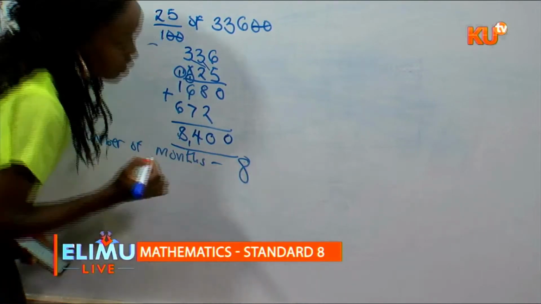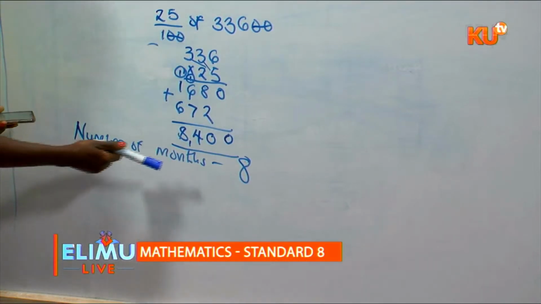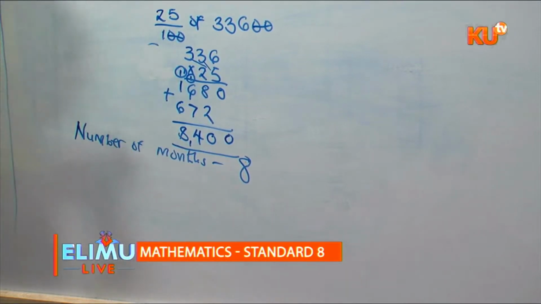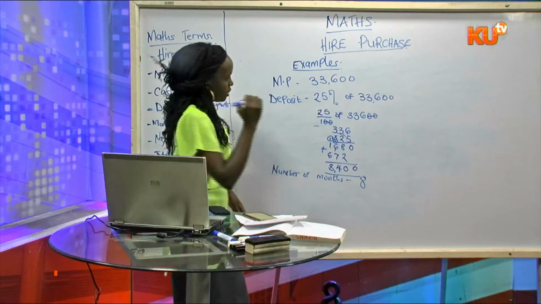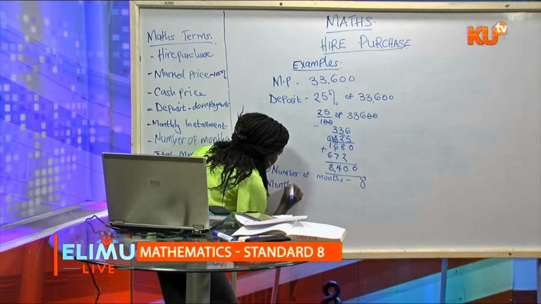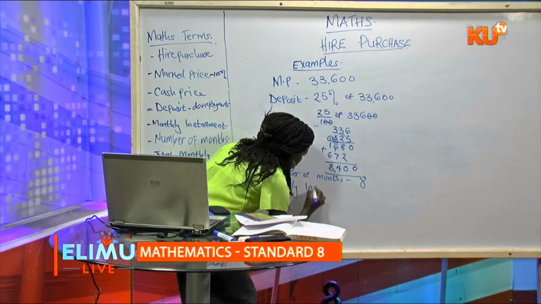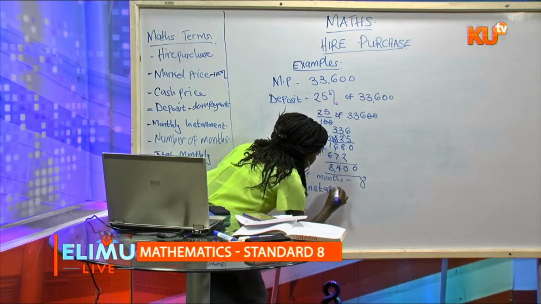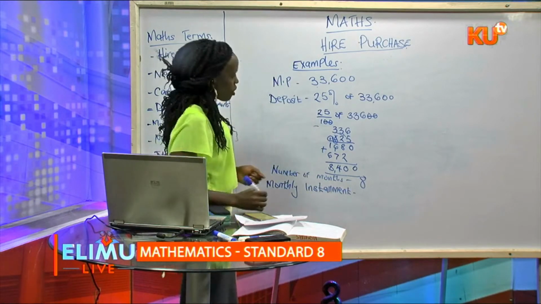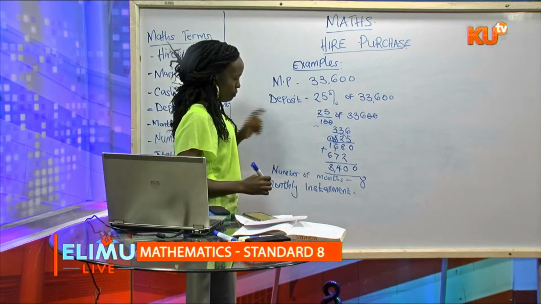So meaning he paid them for 8 months, and then each installment was 10% of the marked price. We come to the monthly installment. The monthly installment was 10% of the marked price.